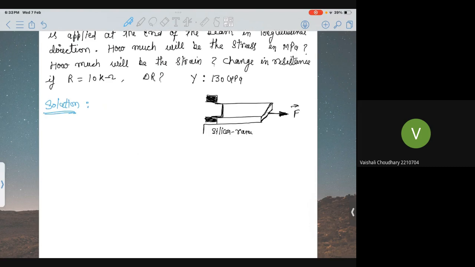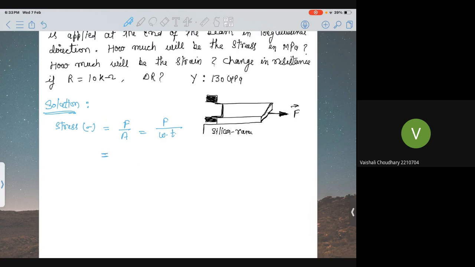So first we'll calculate the stress. Sigma, which is force per unit area. Area we can write as width times thickness.